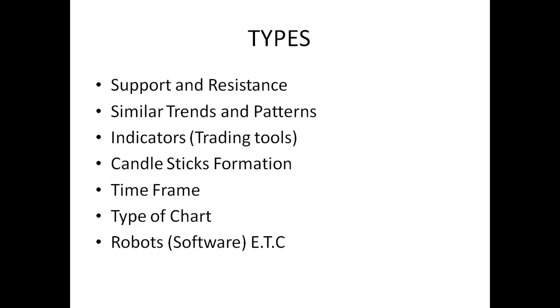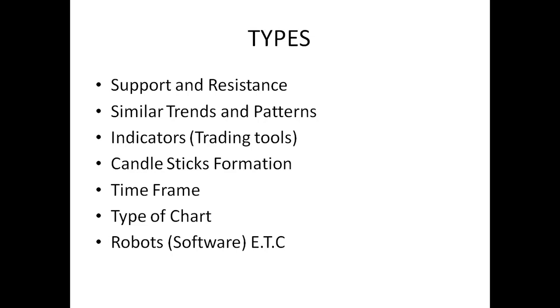There are people who also believe in the formation of some candles. There are others who believe in the time frame. Some believe in some charts, whether linear, whether bar, or candlesticks. And also there are people who use robots, EAs or softwares. These and many others are the types of technical analysis that people do in the Forex market.